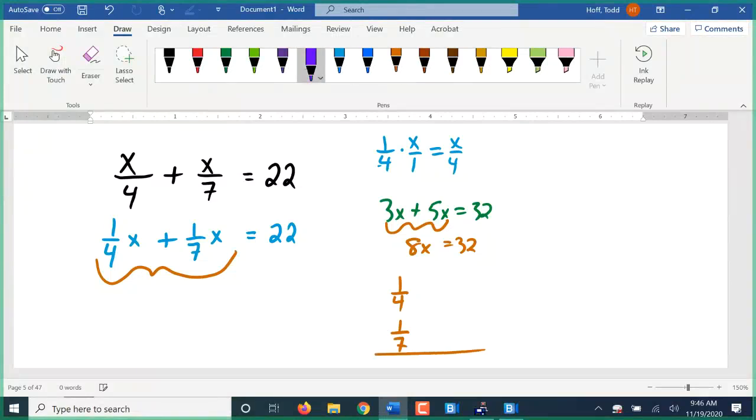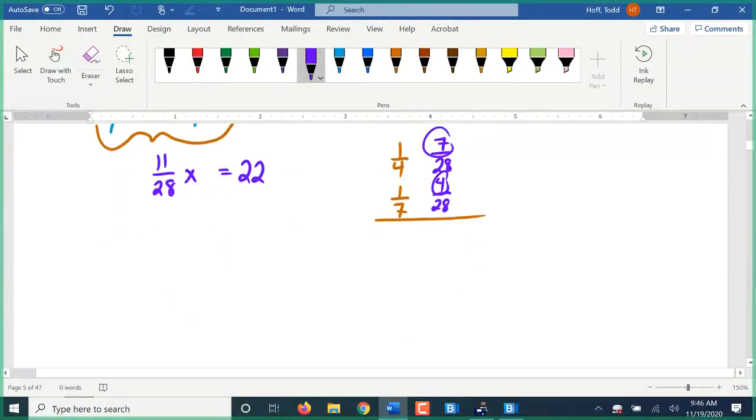Common denominator would be 28. So this is 7 28ths, 4 28ths. Well, 7 28ths plus 4 28ths is 11 28ths. That's 11 28ths x equals 22. And now we solve by dividing by the 11 28ths.